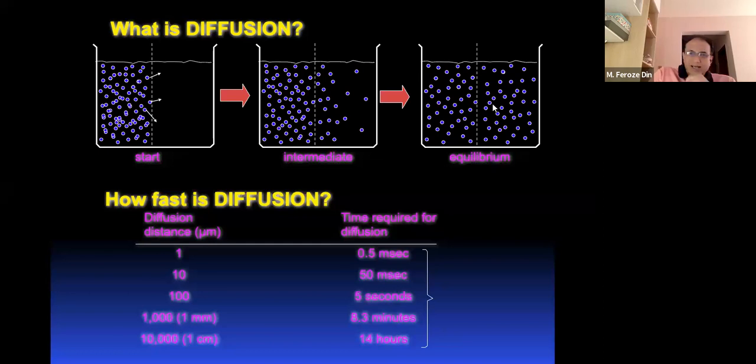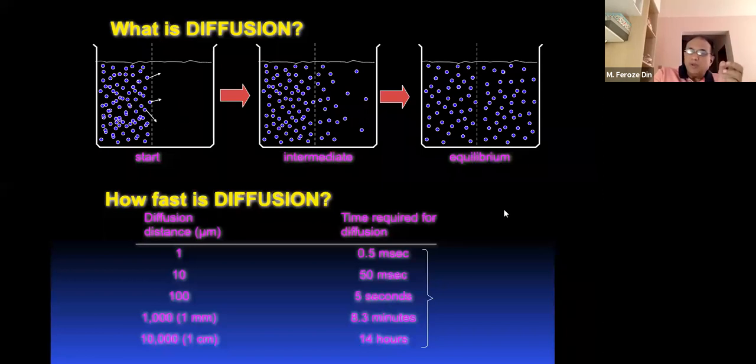And moreover, not only can diffusion occur due to concentration gradient, it can also occur due to a pressure gradient. From Dalton's law and Henry's law, we know that concentration and pressure are related. So the more the pressure, the more diffusion would occur. The more the concentration, the more diffusion would occur.